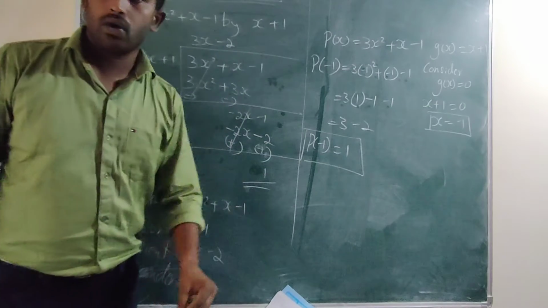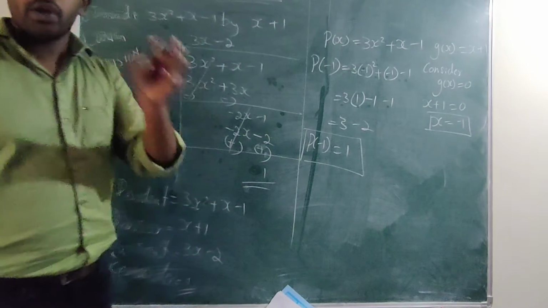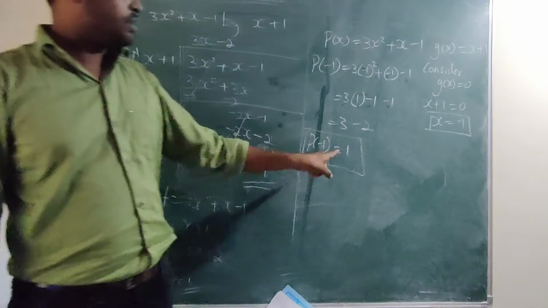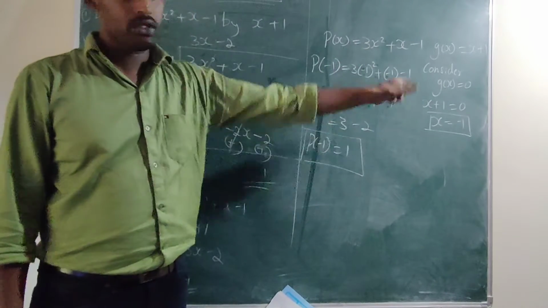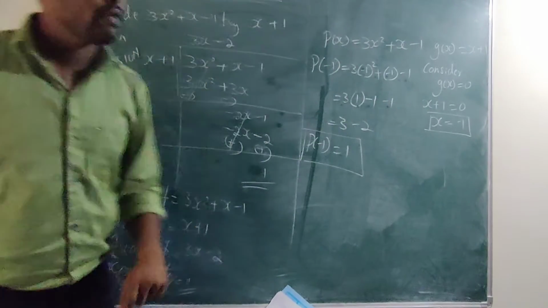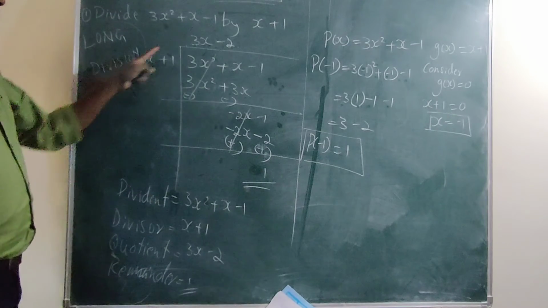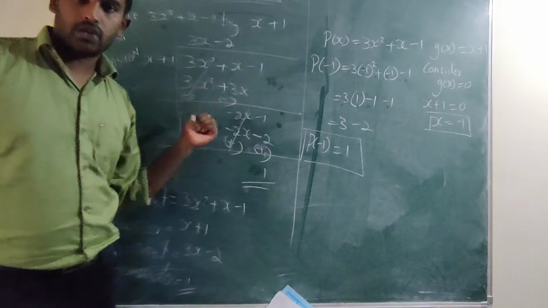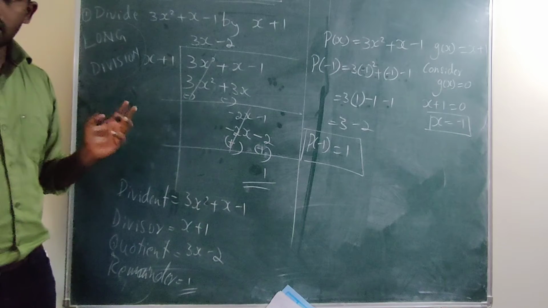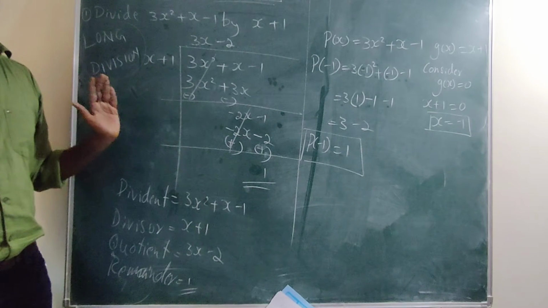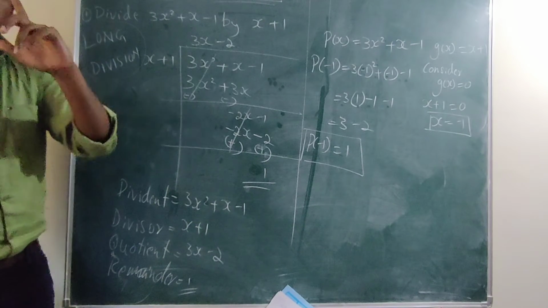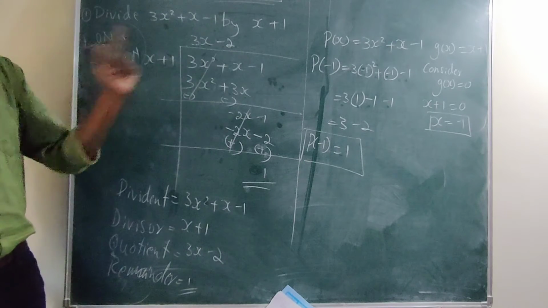This is called the remainder theorem. Using the remainder theorem, find the remainder means you have to follow the second step. Using the long division method, find the remainder means you can go for the first method. Is it clear, students? In the long division method, P of x and g of x are important.